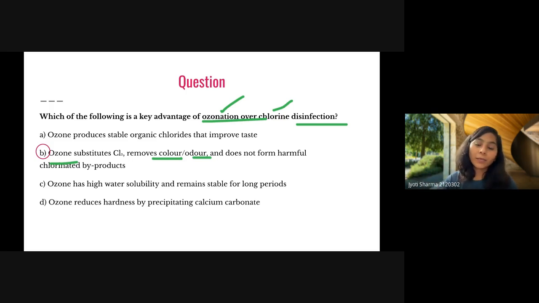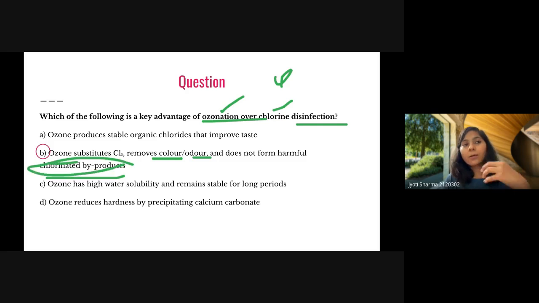And another limitation, and even advantage, of chlorine was that it produces chlorinated byproduct. The disadvantage was that you have to have this chlorinated byproduct along with the water in your body.